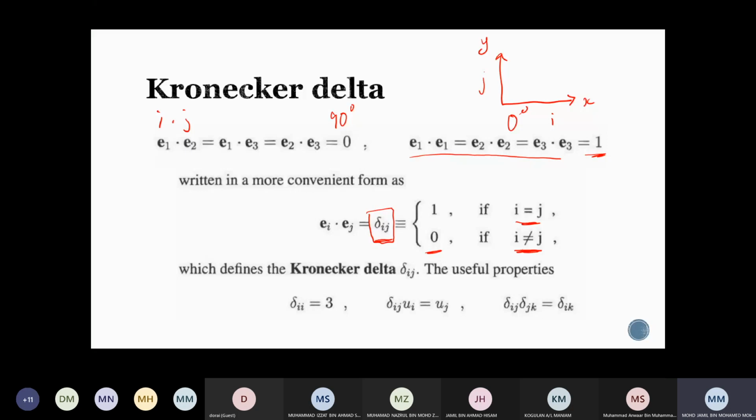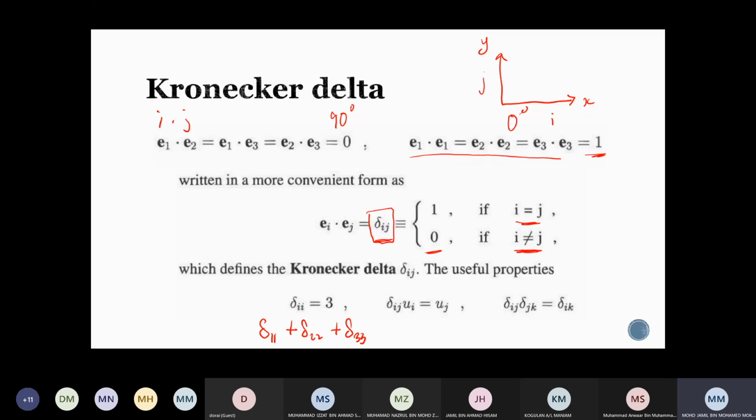Okay, so some useful properties of delta ij, the Kronecker delta. Let's say we have delta ii. Delta ii equals 3, because we have delta 11 plus delta 22 plus delta 33, for a 3D vector.